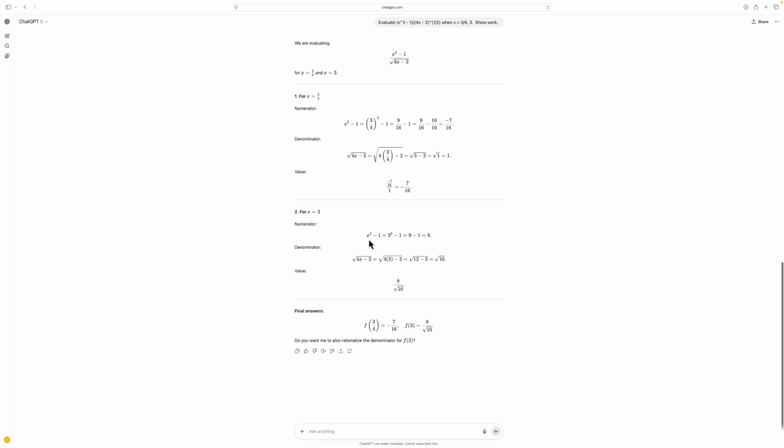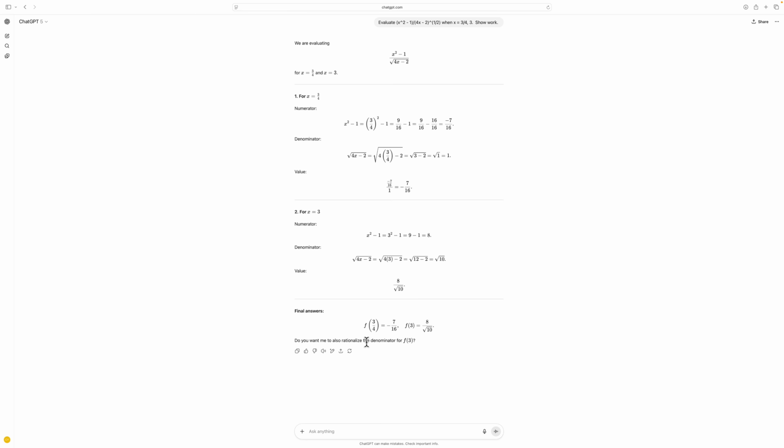When x is equal to 3, you pop in 3. You get 8. Then you get the square root of 10. Then you rationalize the, look at this one. It did not, let me see. You pop in 3. You get 8 over the square root of 10. Let's see.